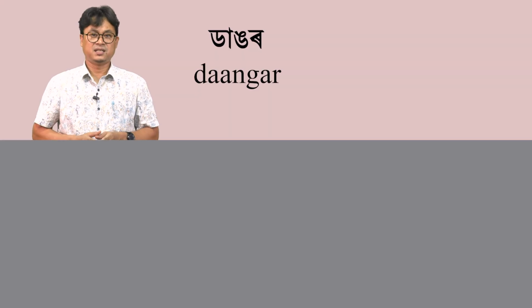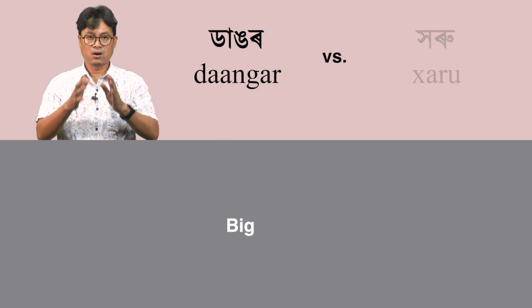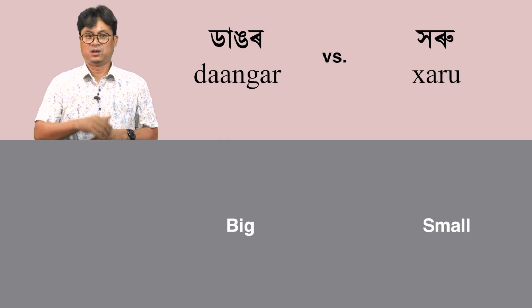Moving to the contextual meaning of antonyms, let's look at one of the most important aspects of antonyms, that is, the meaning often depends on context. We can consider the pair dangor, means big, versus horu, means small.